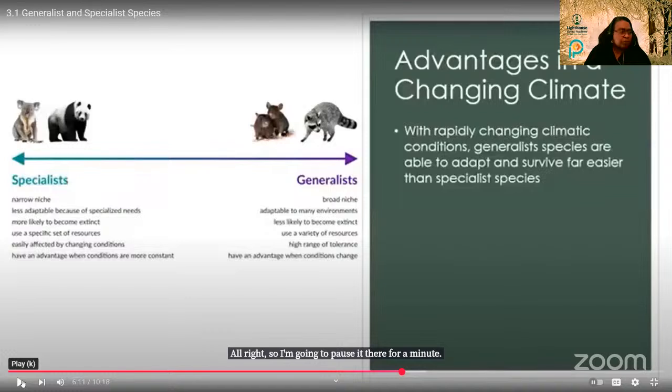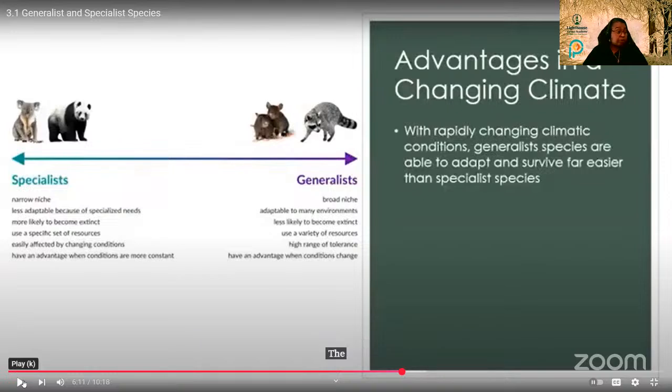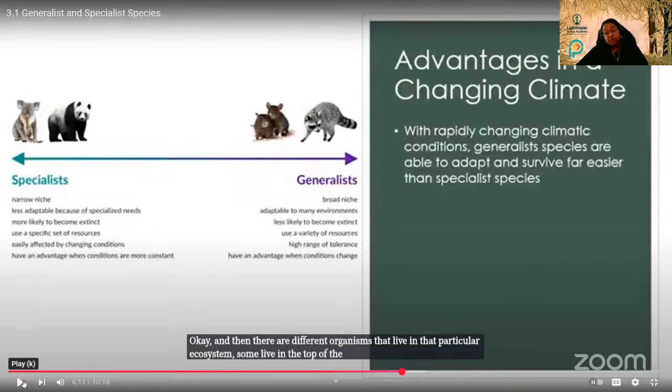All right, so basically you have a broad term of ecological niche, and that's where the organism does what the organism does. It's the role it plays, the job it performs, where it lives. Okay, and then there are different organisms that live in that particular ecosystem. Some live in the top of the tree, some live at the bottom of the tree, some live in the lake, but they're all in the same community, and they all have a different job.